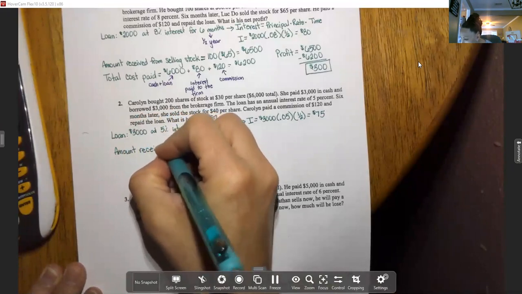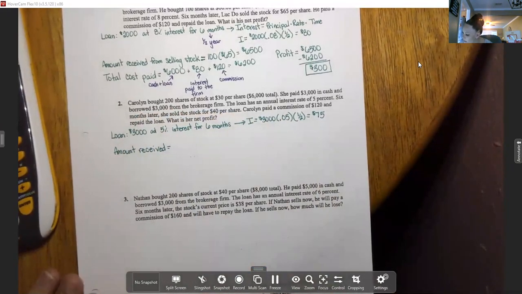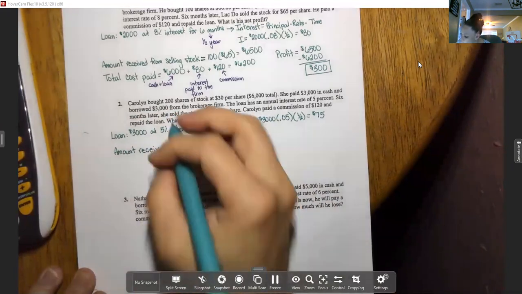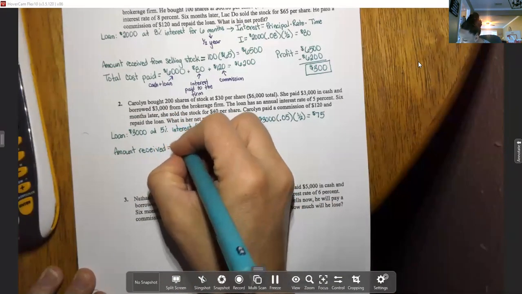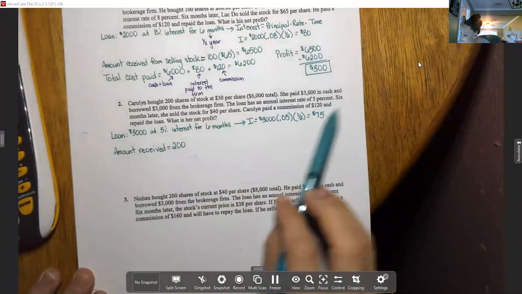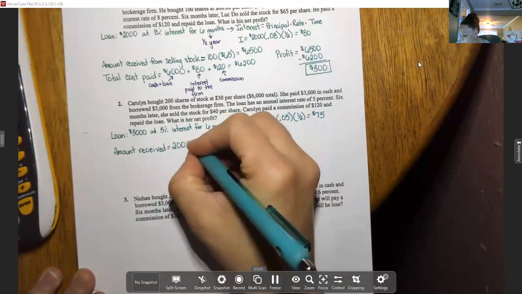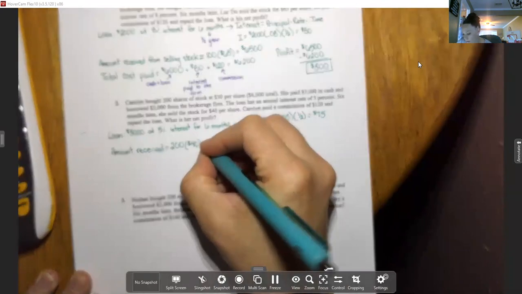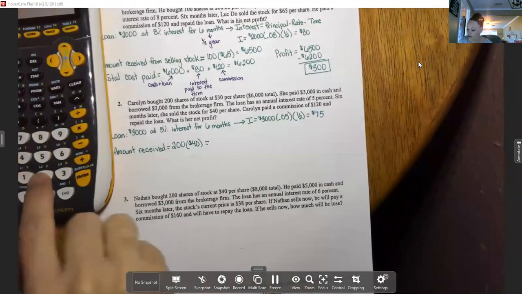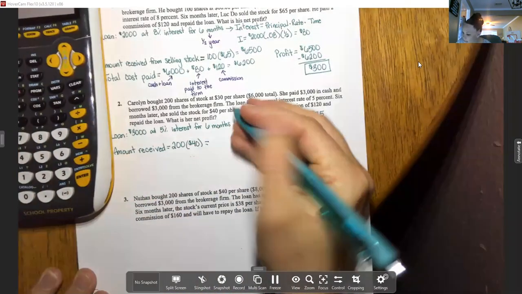So the amount received, so when Carolyn goes to sell this stock, she has 200 shares and she sells them for $40 per share. So 200 times 40 is $8,000.